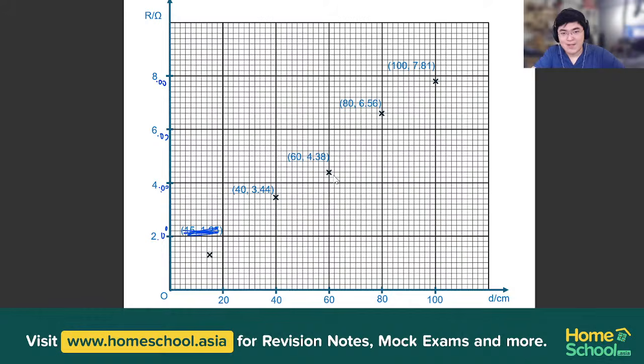In our case, we have 5 plots in total, so roughly 2 should be above the line and 2 underneath the line.